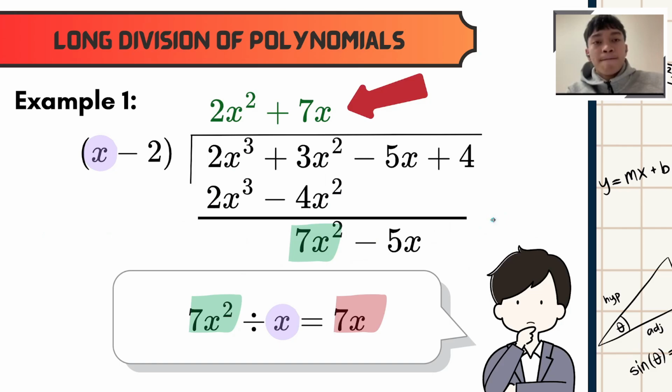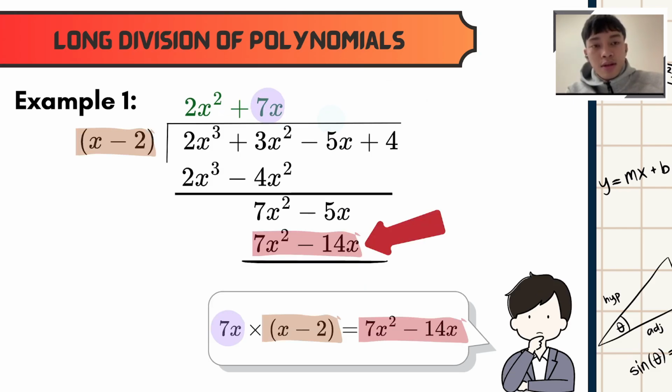So it's going to be 7x squared divided by x, so it's 7x. Then 7x multiplied by x is 7x squared, and 7x multiplied by negative 2 is negative 14x.